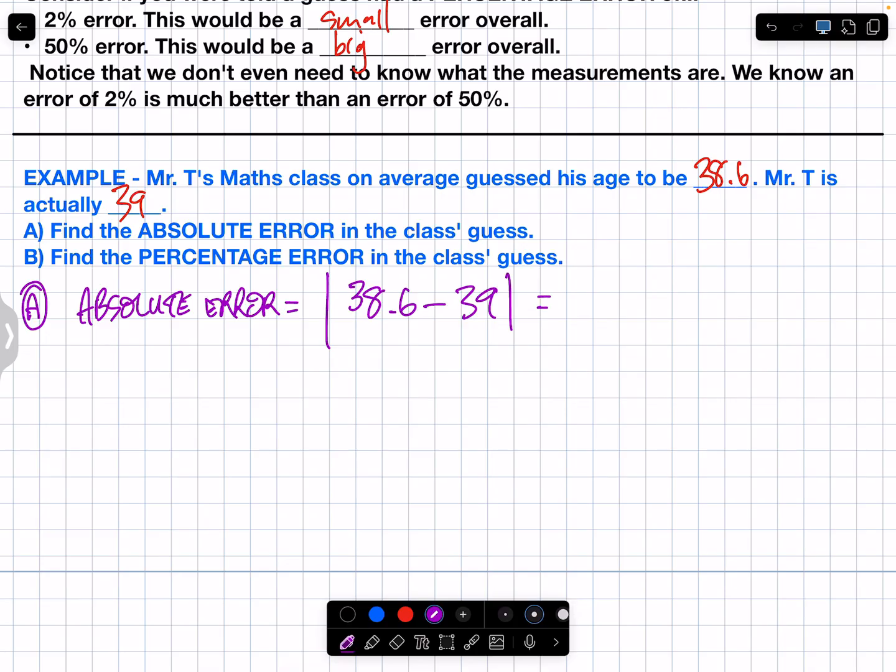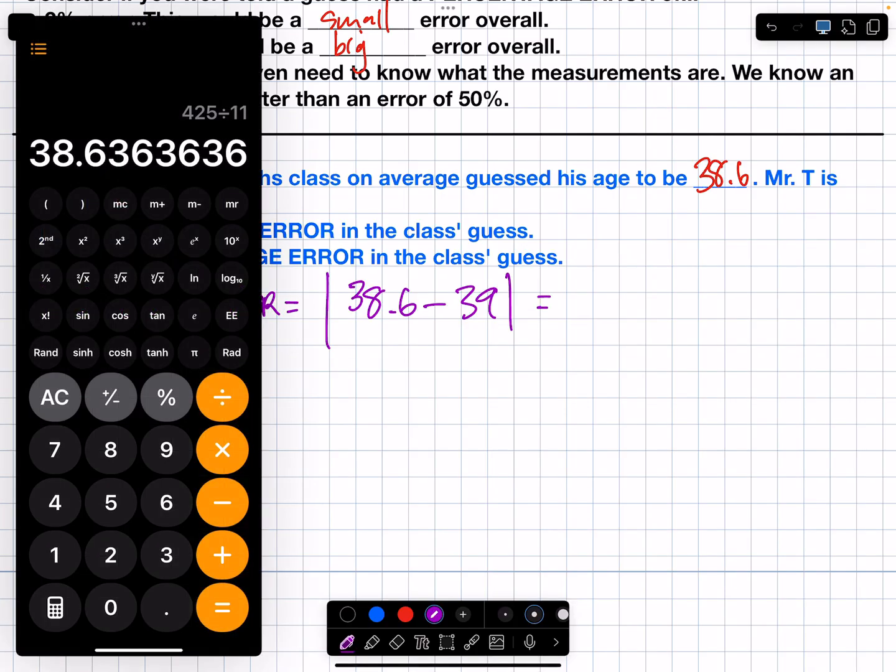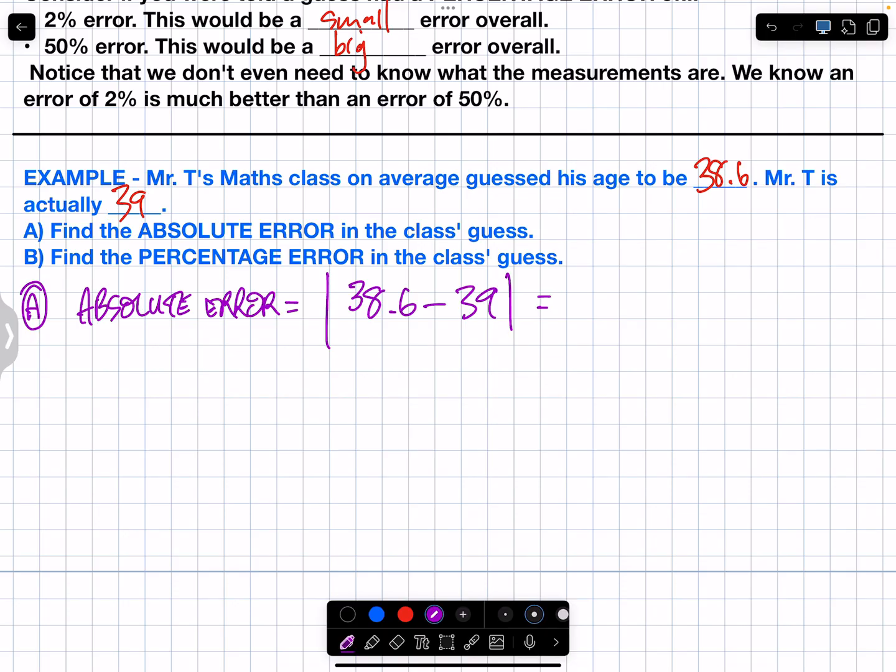That's not going to be a nice number. Who cares? You've got a calculator. 38.6 minus 39. Your absolute error was negative 0.4. And can you recall what those vertical lines meant that I do with the negative? Ignore all negatives. So you're just saying you were wrong by 0.4 years.